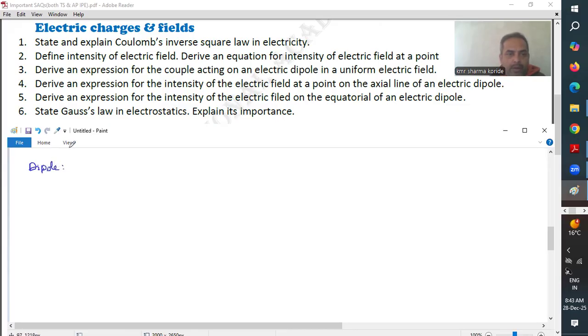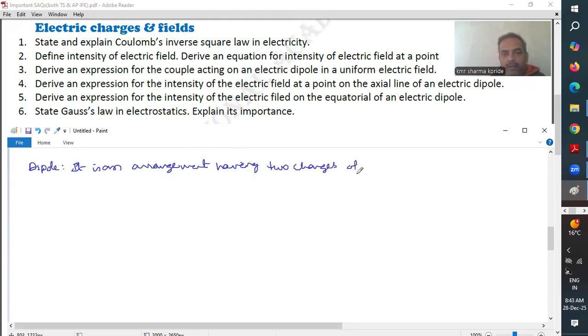Dipole means it is an arrangement having two charges of equal magnitude but opposite sign.